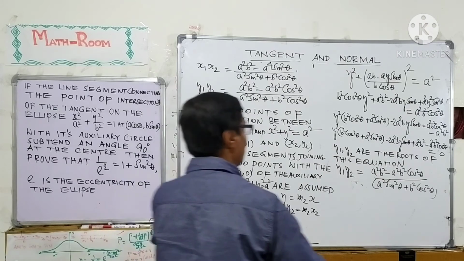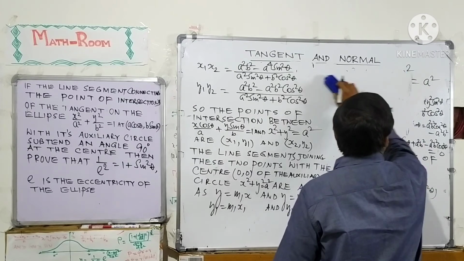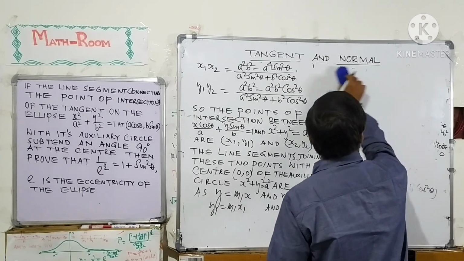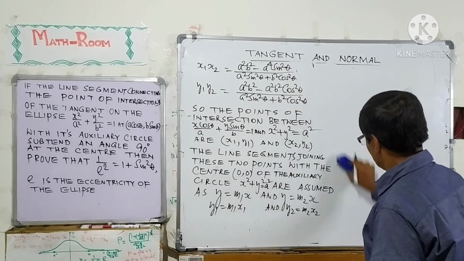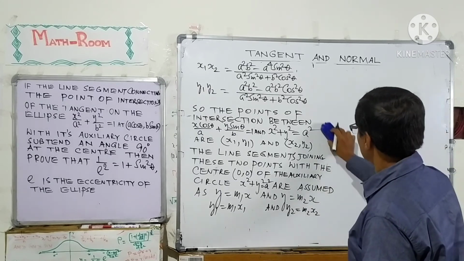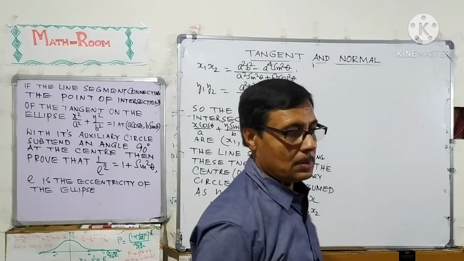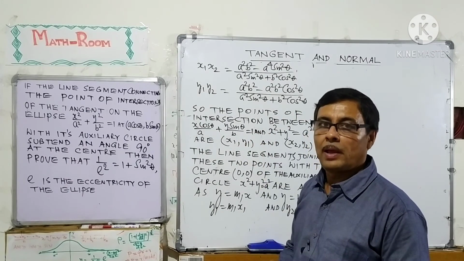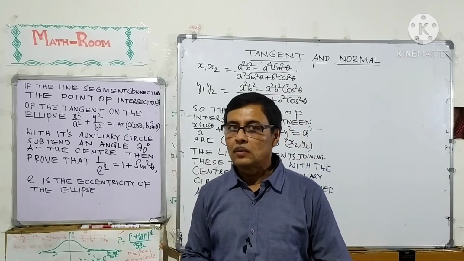Now, these two lines are mutually perpendicular, because the lines joining the points of intersection to the center of the ellipse, that is, the center of the auxiliary circle, subtend an angle of 90 degrees.